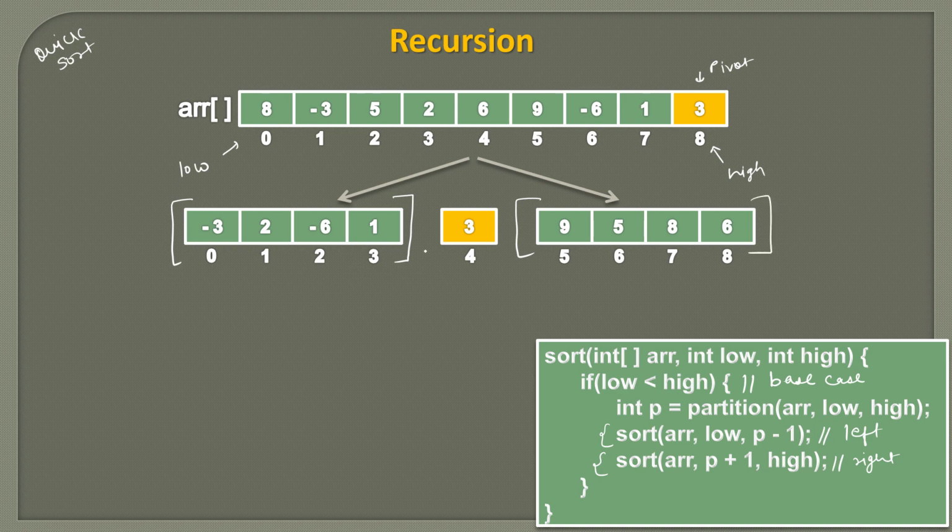So here we are doing the logical division of the array and we are partitioning into two parts, left and right. So we are not breaking the array. It's just for demonstration purposes that it looks like this. If you see the index from 0 to 3, we have smaller elements. From 5 to 8, we have elements greater than the pivot. So this is the pivot index.